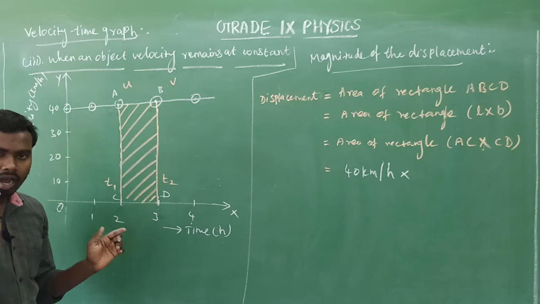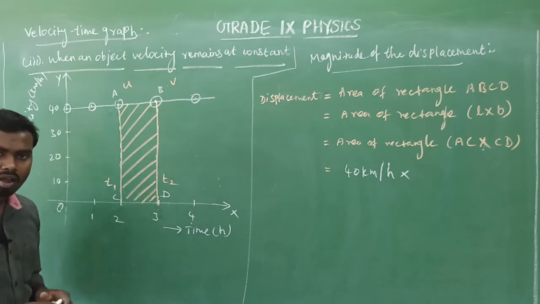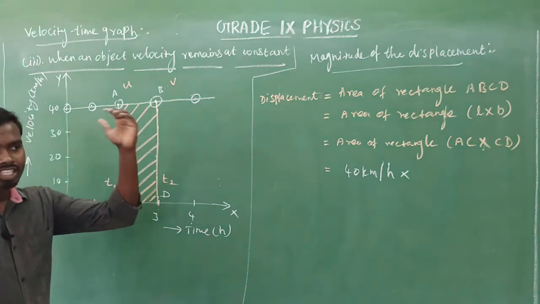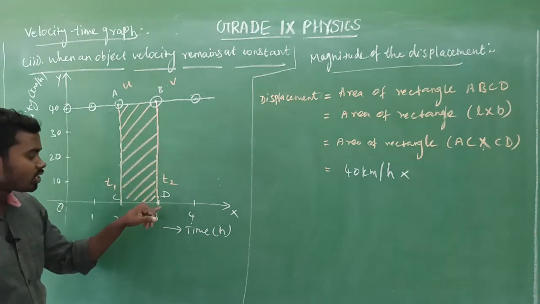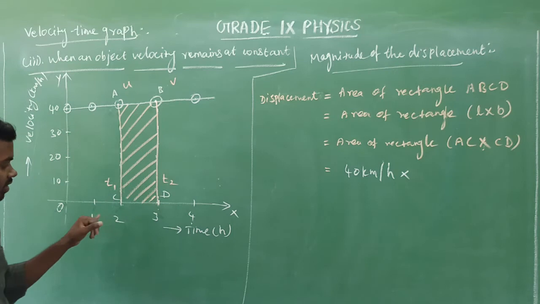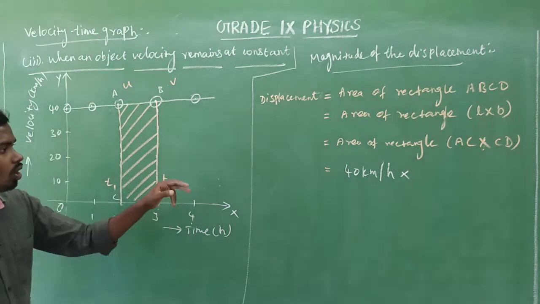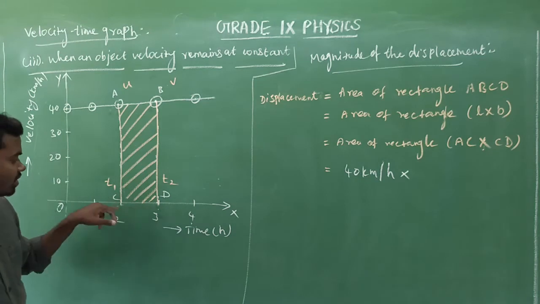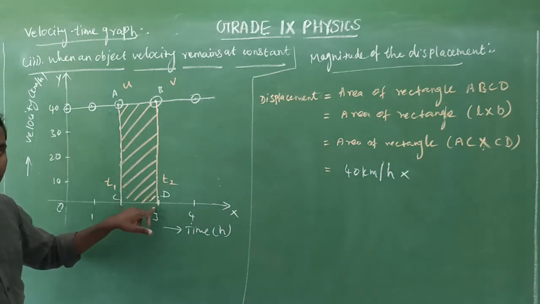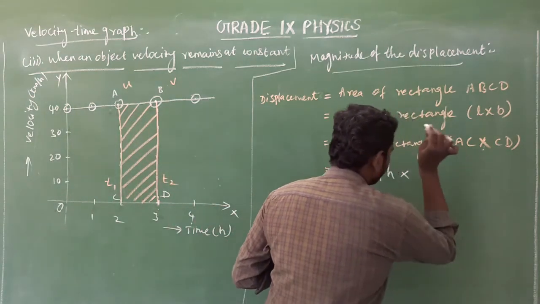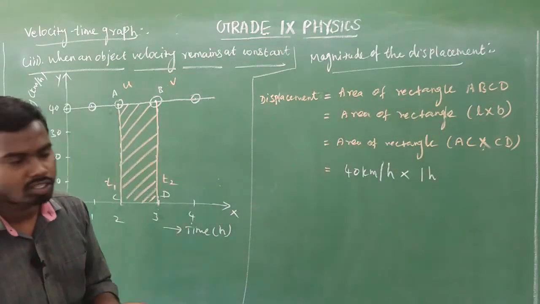So 3 hours minus 2 hours is equal to 1 hour, because we always subtract the smaller quantity from the larger quantity. Here 3 hours is the larger quantity, 2 hours is the smaller quantity. So the CD value is equal to 1 hour. Can you see this clearly? That's all, very simple, don't get confused.